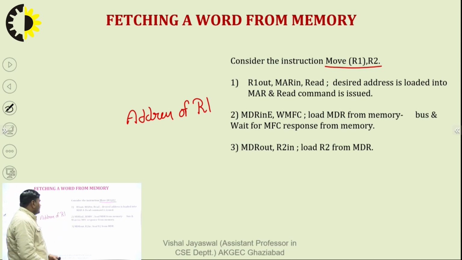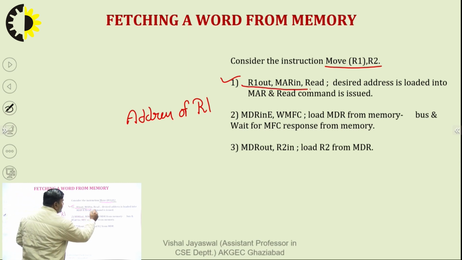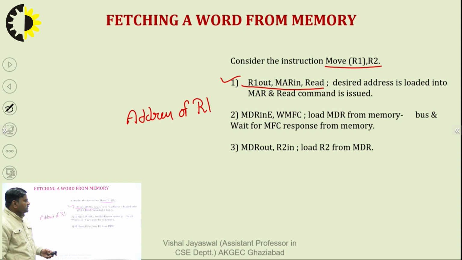It means we have to fetch the content of R1 from the main memory and place it into the R2 register, for which we can take the first step, R1 out, MAR in and read. These are the 3 control signals that are used in the first micro operation, first micro instruction.